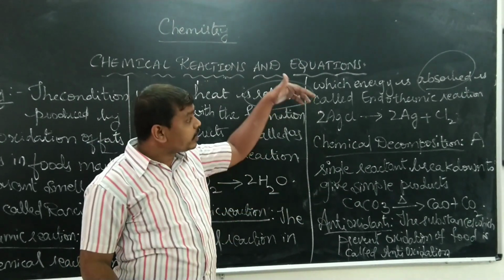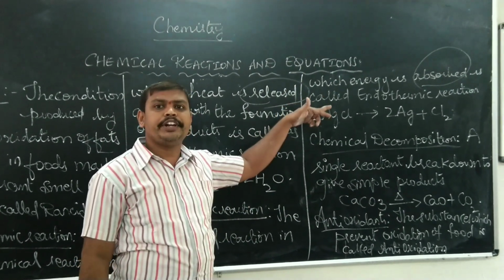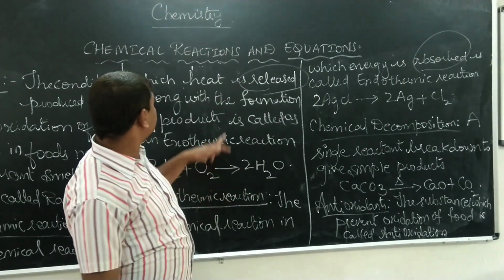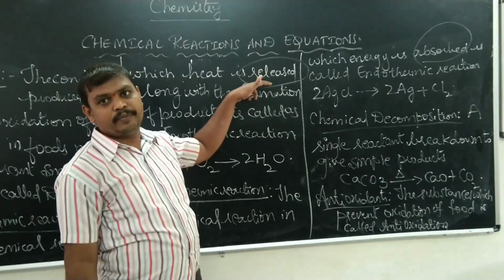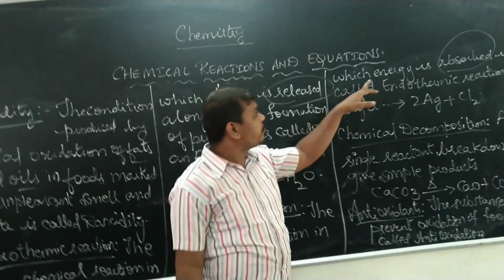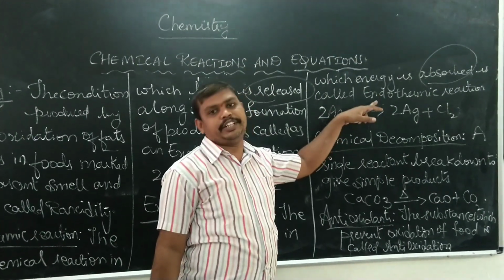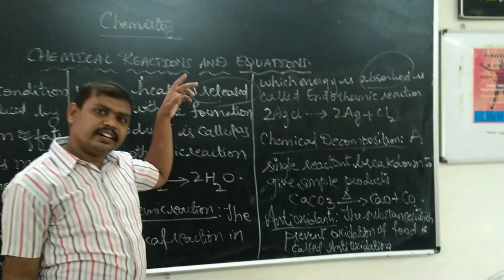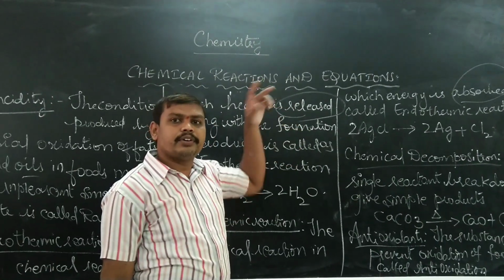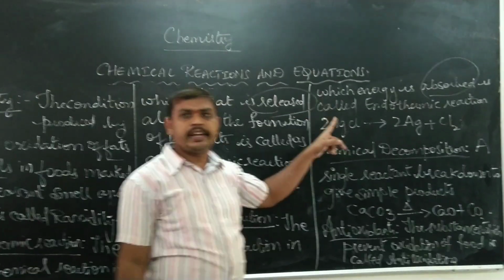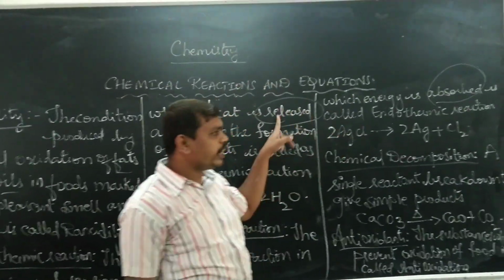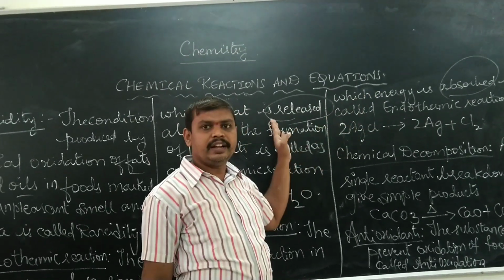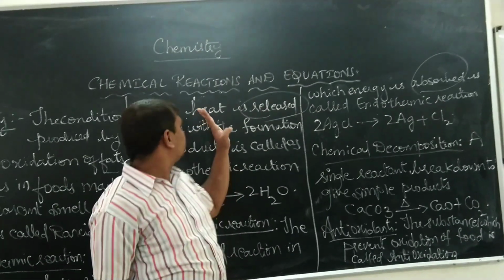In the same way, for exothermic and endothermic, for exothermic the energy is released, whereas for endothermic heat is absorbed. Just as for oxidation and reduction, you remember two words: for exothermic it is released, and for endothermic it is absorbed.